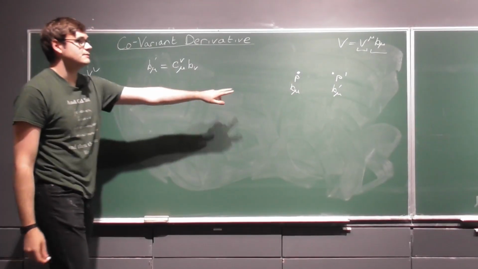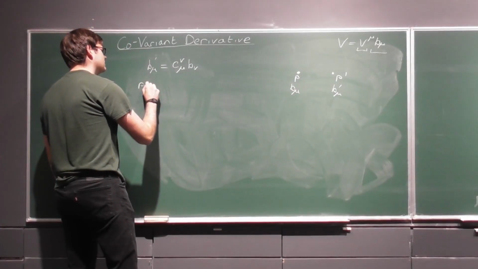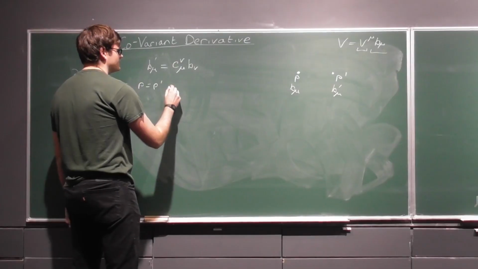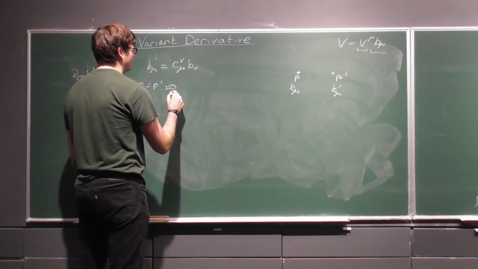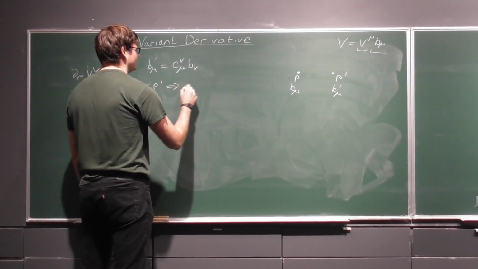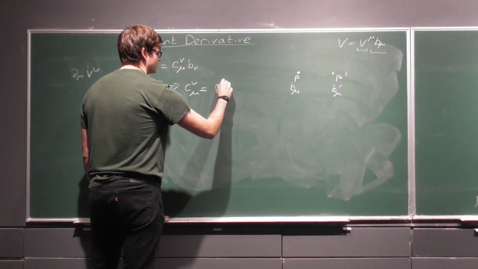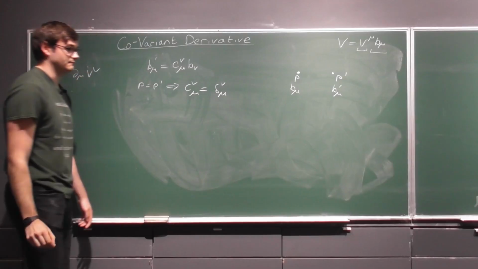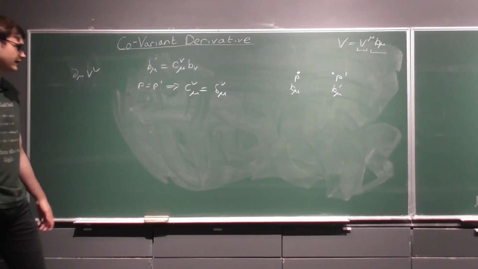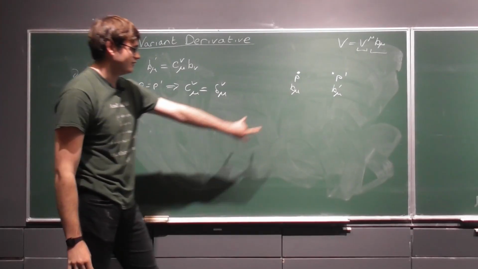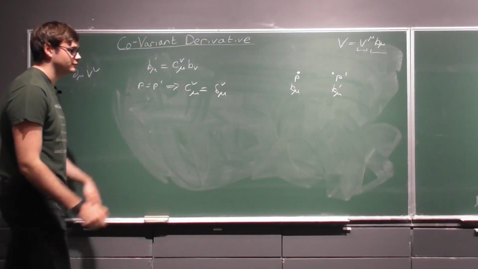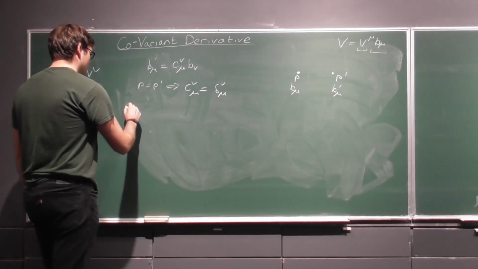Now, if P equals P prime, then these would just be the same. So that would imply that the C matrix is just the identity matrix, right? Then they would just be the same. Okay, that's not too bad. Now let's consider if they're just very close together, but still a little bit apart.